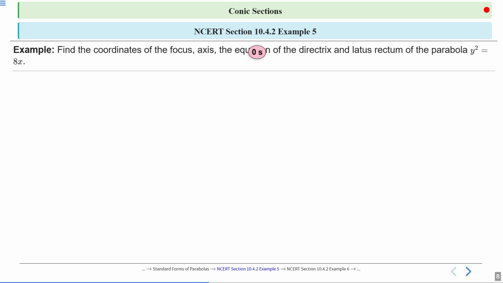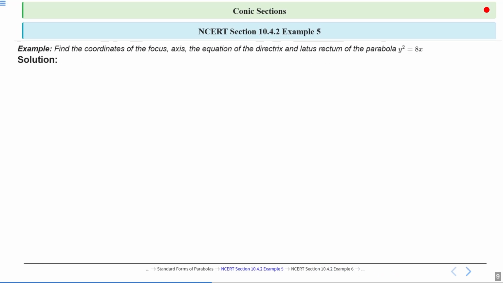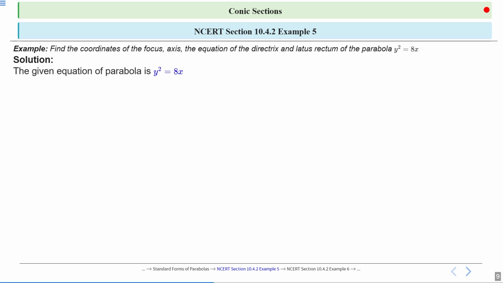Okay students, now we will solve this example. The given equation of parabola is y square equal to 8x, and this equation is of type y square equal to 4ax. So the axis of symmetry is along the x-axis. Since the given equation y square equal to 8x is of type y square equal to 4ax, the axis of symmetry for this parabola is along the x-axis.